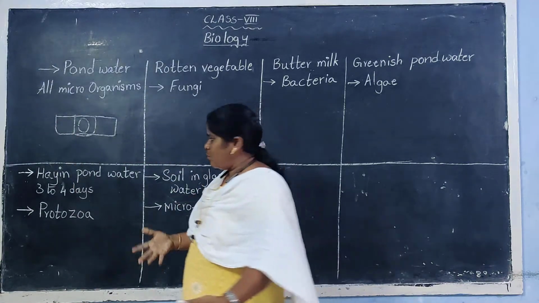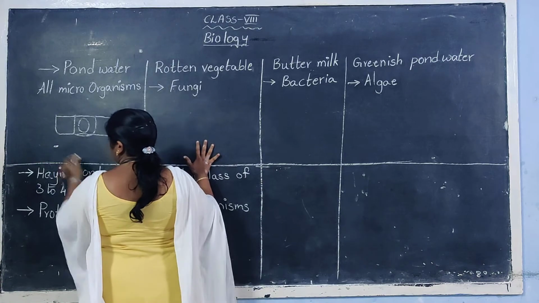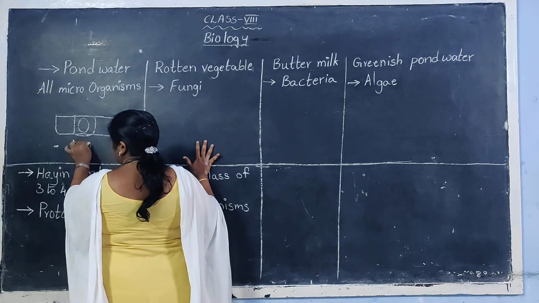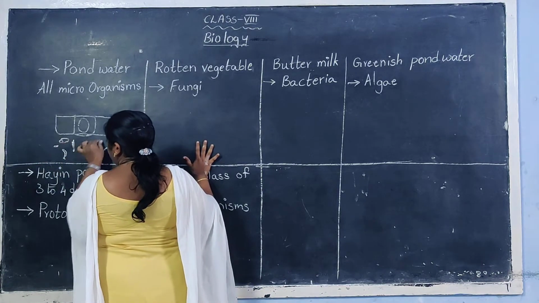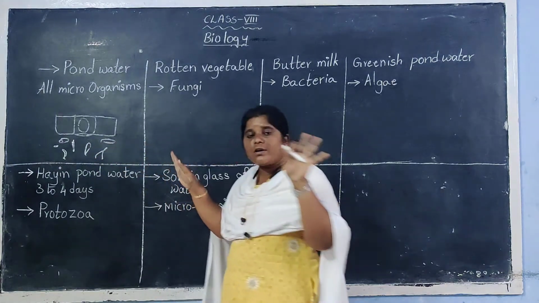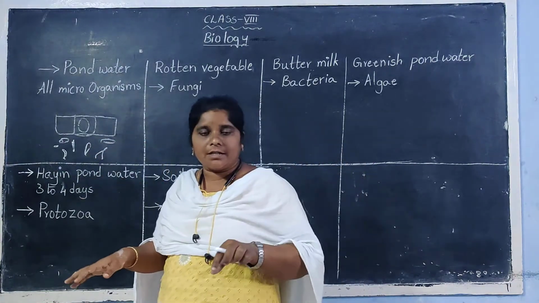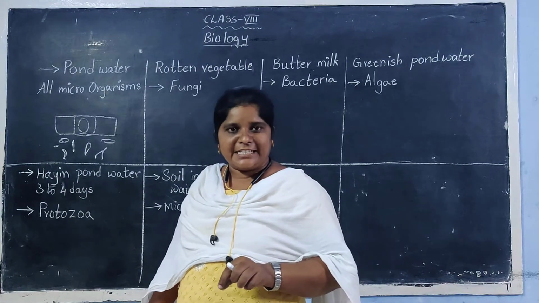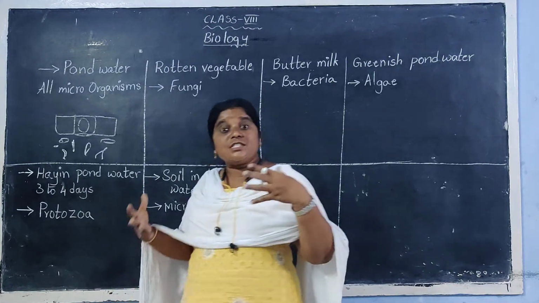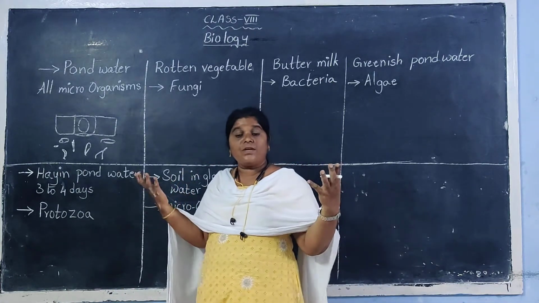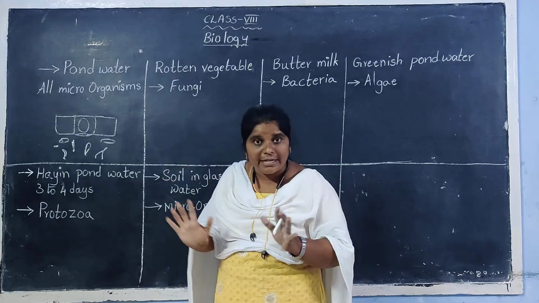You can find varieties of organisms. Some look like this, some look like that. There are so many organisms scattered in this drop of water. By this we can understand that this drop of water contains many kinds of microorganisms.